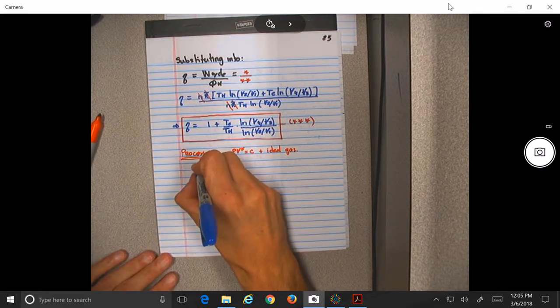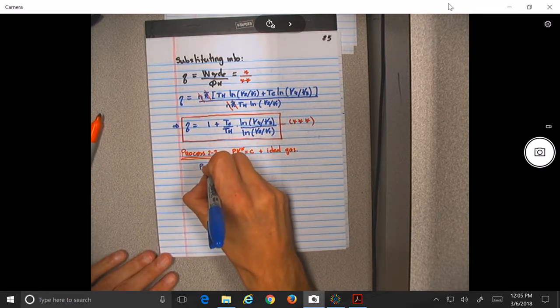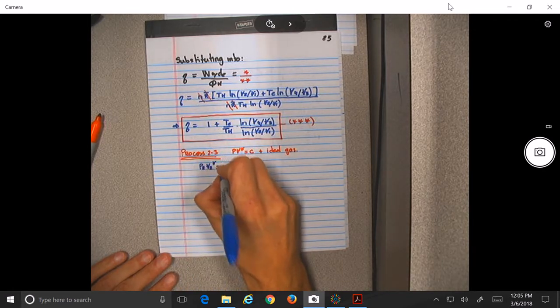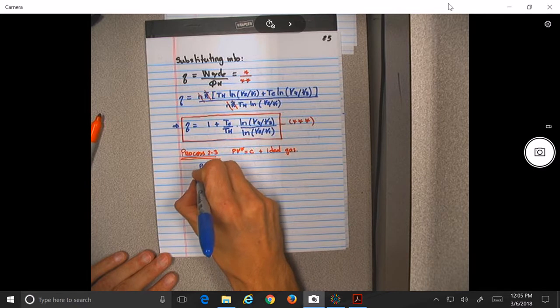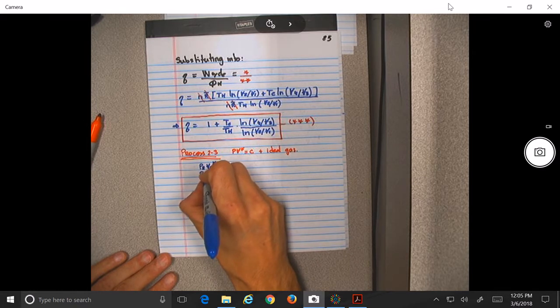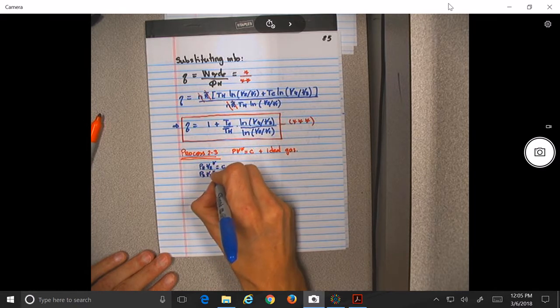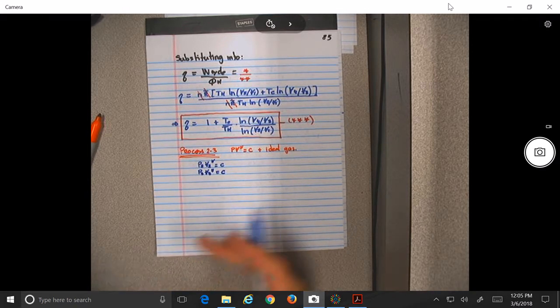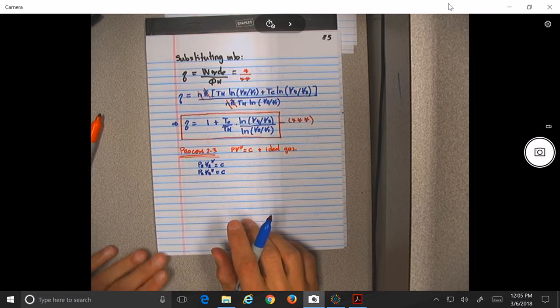I can write that P2 V2 to the gamma is equal to a constant, and I can write that P3 V3 to the gamma equal to a constant. Okay? So here how long it is, because I'm going to have to redo the inverse, so now depends on my luck when we go now.